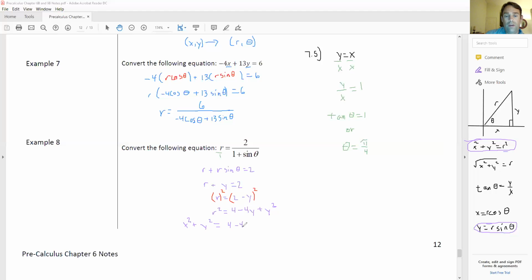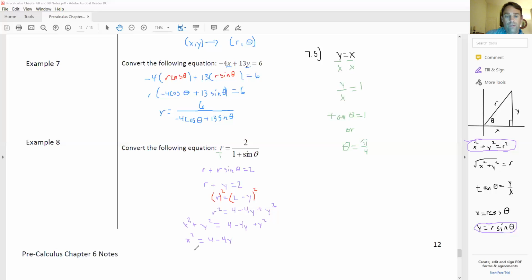But now I'm going to take my equation here and see if I can either solve for y or get one side equal to 0. Actually, we can solve this one for y, it looks like. So we have x squared equals 4 minus 4y.